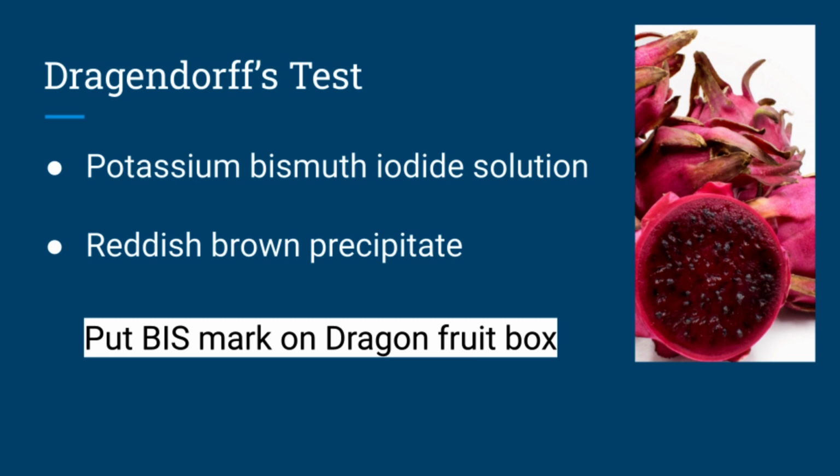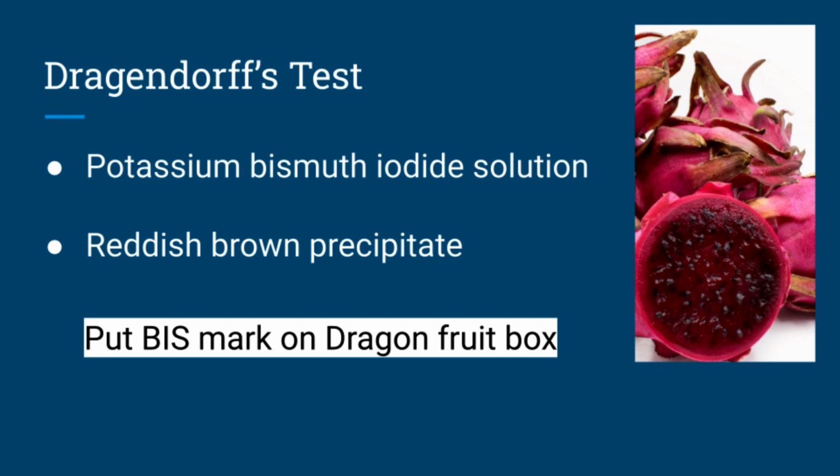BIS is for bismuth iodide solution. On dragon fruit box. Dragon fruit denotes Dragendorff's test. Put BIS mark on dragon fruit box.